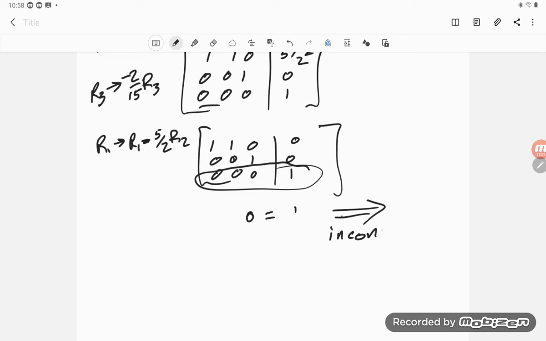Inconsistent. So this implies this is inconsistent. No solution. And again, I didn't have to go this far to see that, but that is the reduced row echelon form of this particular matrix.